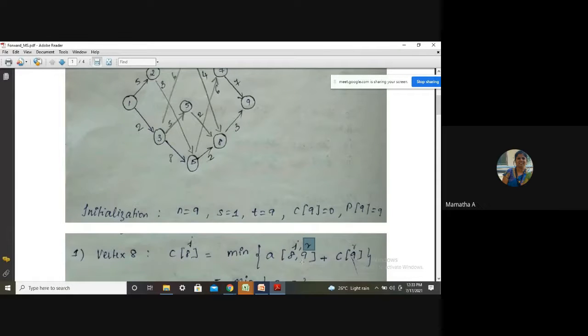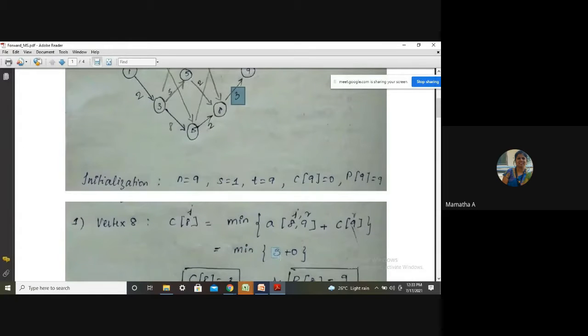You can observe, I write A of J R plus C of R. So R is now 9. What is A of 8 comma 9? The weight you can observe is 3. And what is C of 9? C of 9 is 0. So 3 plus 0. Only one vertex I have here, so it is 3. That only is my minimum value.